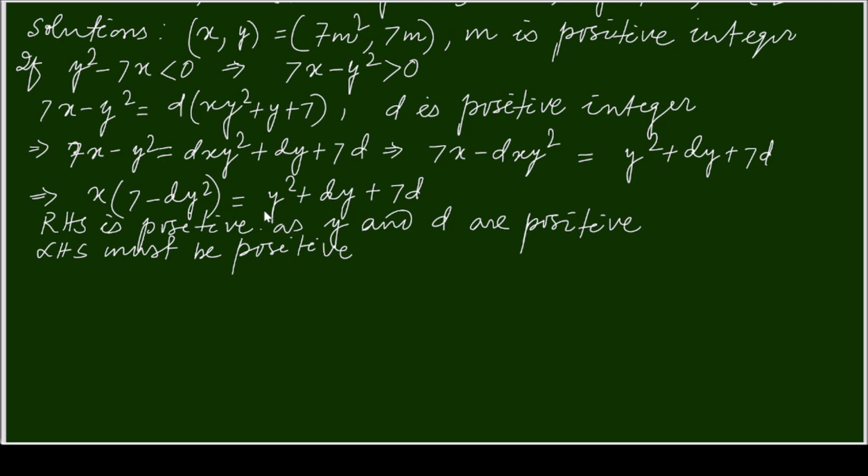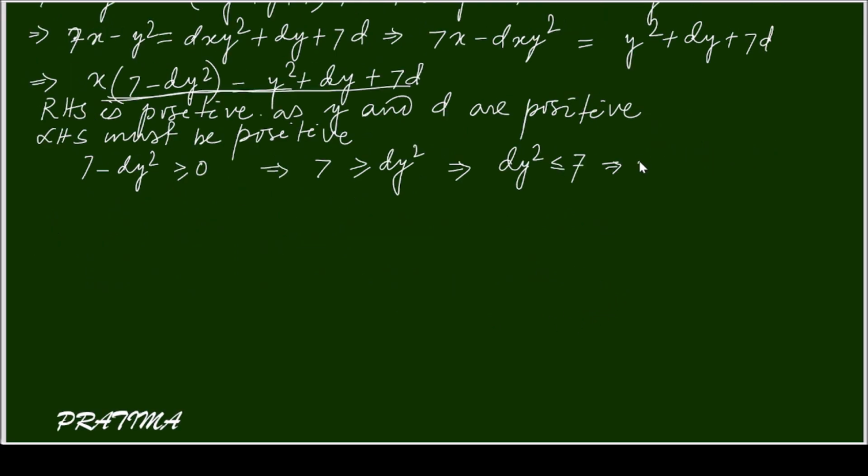When the left side is positive, that means 7 minus d y square is greater than or equal to 0, or 7 is greater than or equal to d y square. Y is positive, d is positive, and d y square is less than or equal to 7. So what should be the value of y? Only on this condition, y equals 1 or y equals 2.